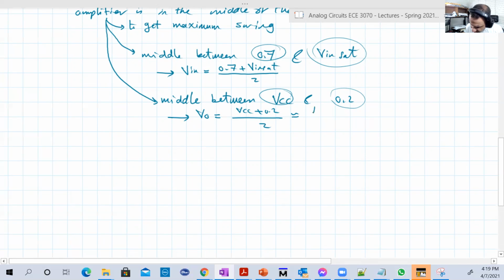So this will be equal to VCC over 2, ignoring the 0.2. So you can set your VCE, usually the output, equal to VCC over 2, or you can control the input to make it some point between 0.7 and V input set, to get the maximum swing.